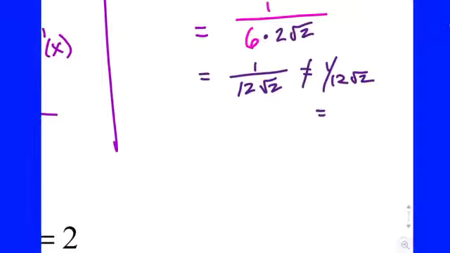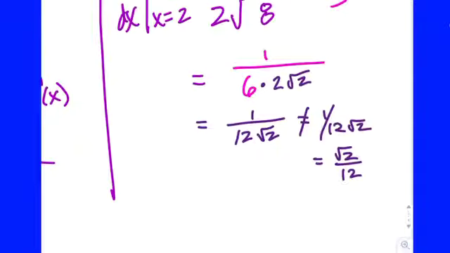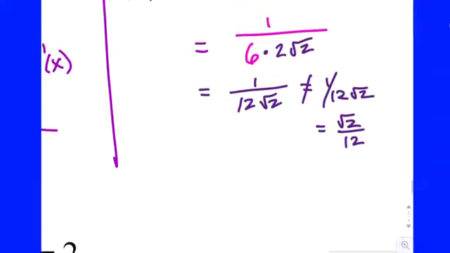The one on the right is actually equal to the square root of 2 over 12, because it divides by the 12 and then turns around and multiplies by the square root of 2. So very, very important. If you wanted to write it on the diagonal, you would have to do 1 divided by parentheses 12 square root of 2, which is kind of what the old version of the calculators required you to do. So now with MathPrint, they have the horizontal division bar. So be careful using those slanted bars.